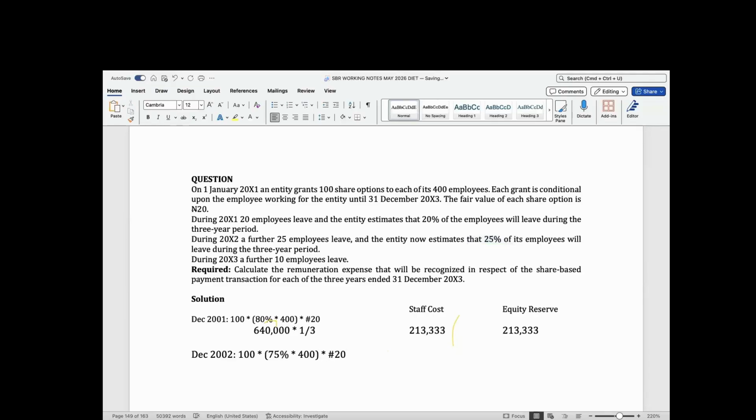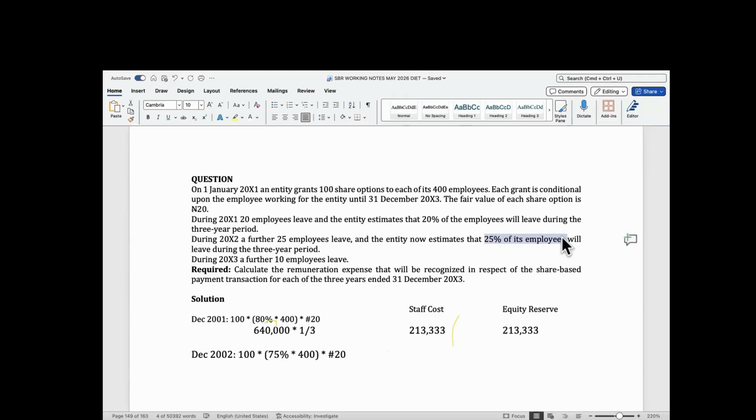Yeah, Mustafa. Sir, I'm of the opinion that it should be 380 times 75%, because in year one, 20 employees have actually left. Yeah, there's always that confusion, but we need to follow this question.